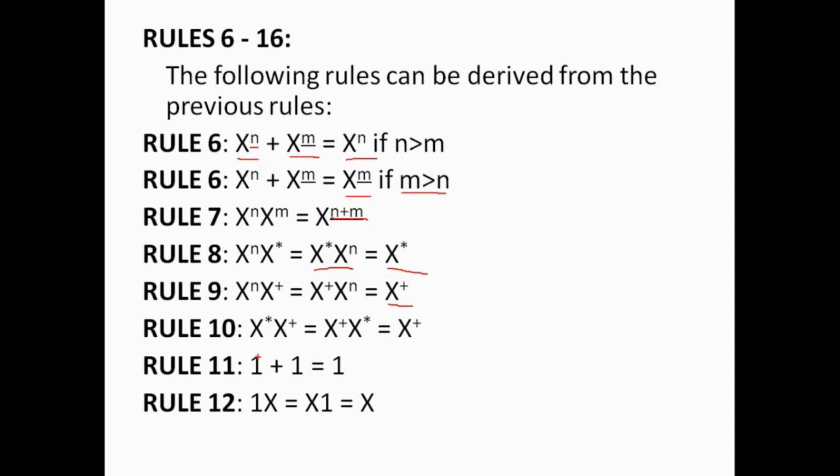Rule number 10: x star times x plus equals x plus times x star, which we can also represent with x plus. Rule 11: 1 plus 1 equals 1. Rule 12: 1x equals x1 equals 1.